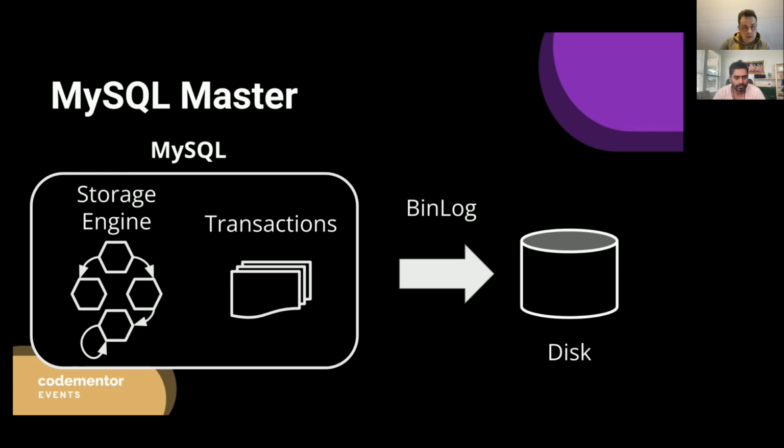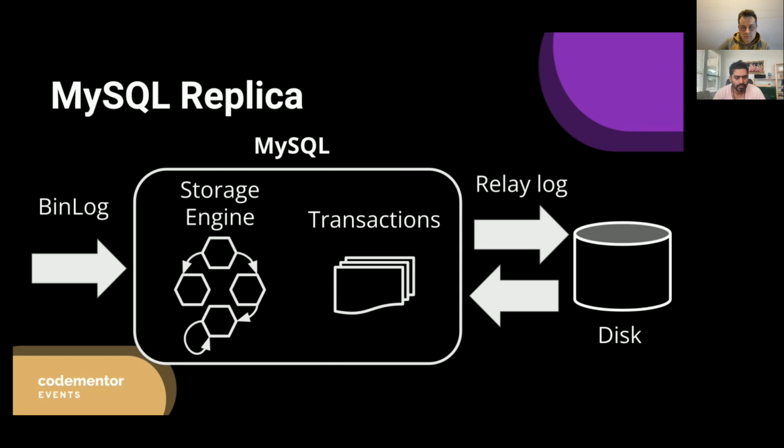And on the replica side, it's a bit complicated. What does the replica do? It's connecting to the master host and asking the master to produce all binlogs that it requires. Then it fetches and stores them to disk, called the relay log.